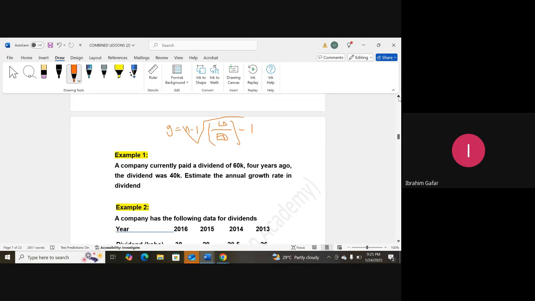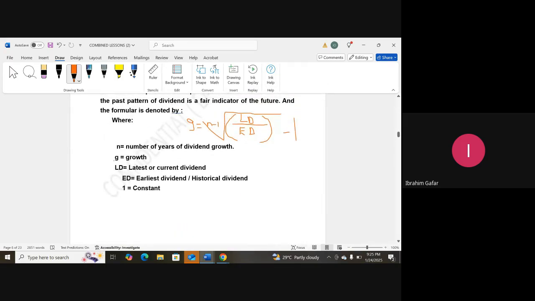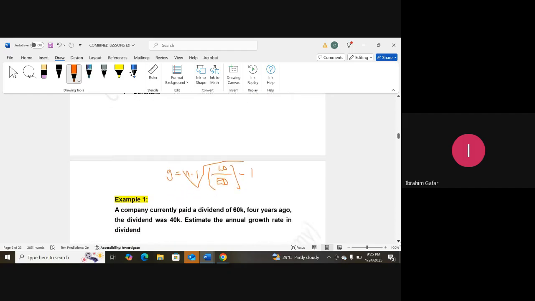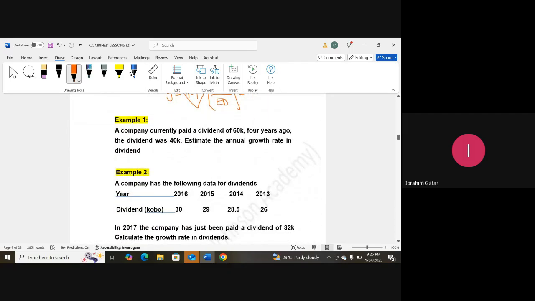That is what I break down here: LD, latest or current dividend. So this 60 kobo represents our latest dividend. Then what is going to be our earliest dividend? 40 kobo, because we are told that 4 years ago the dividend was 40 kobo.